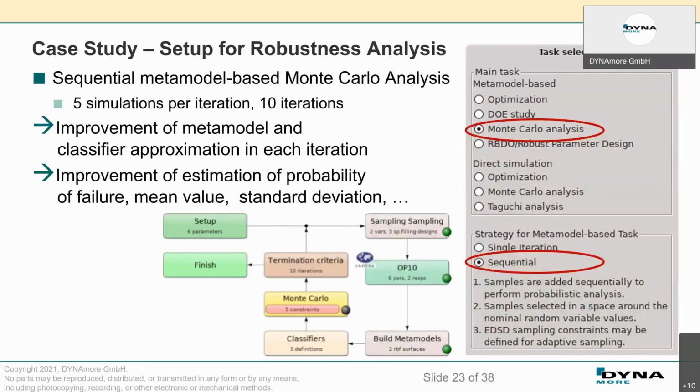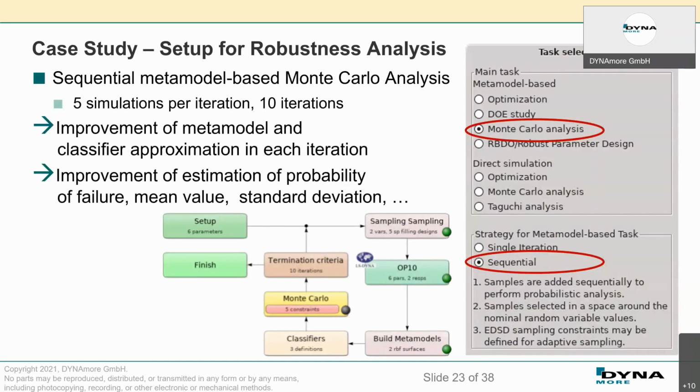So our setup in LS-opt now looks like this. We run a Monte Carlo analysis, metamodel based, in a sequential, which means iterative, process. We run 5 simulations per iteration and 10 iterations in total.